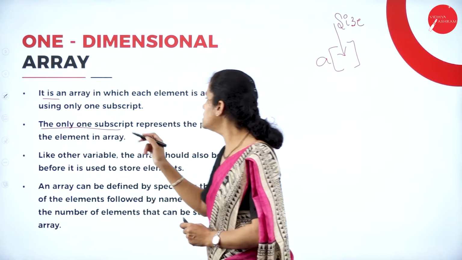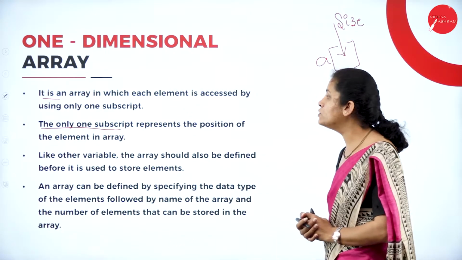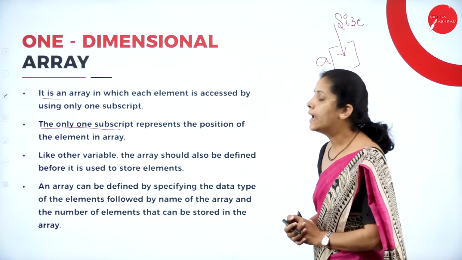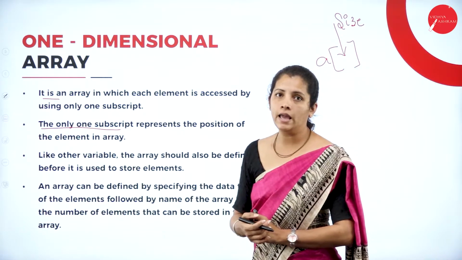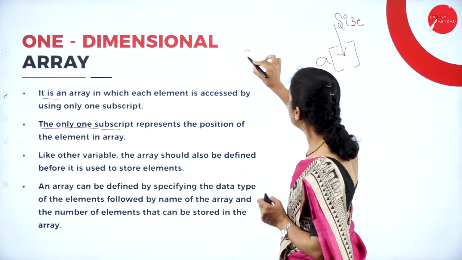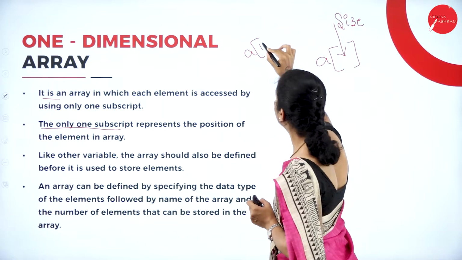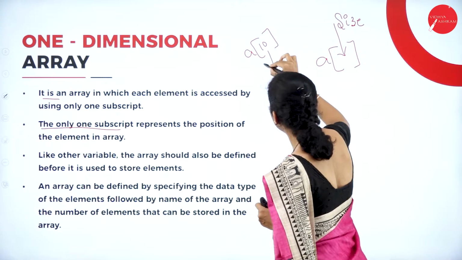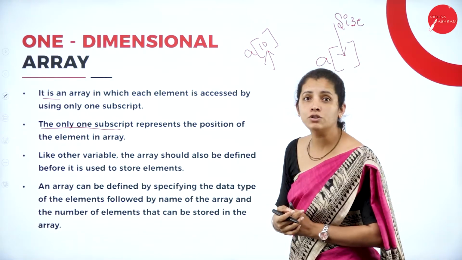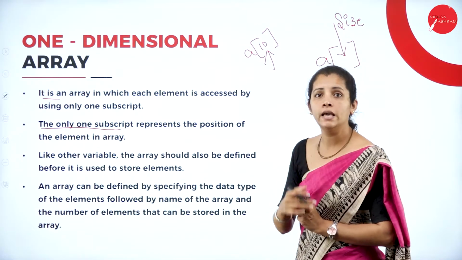The one subscript represents the position of the element in the array. For example, if I write A of 10, then this 10 indicates the position of the element in the array.